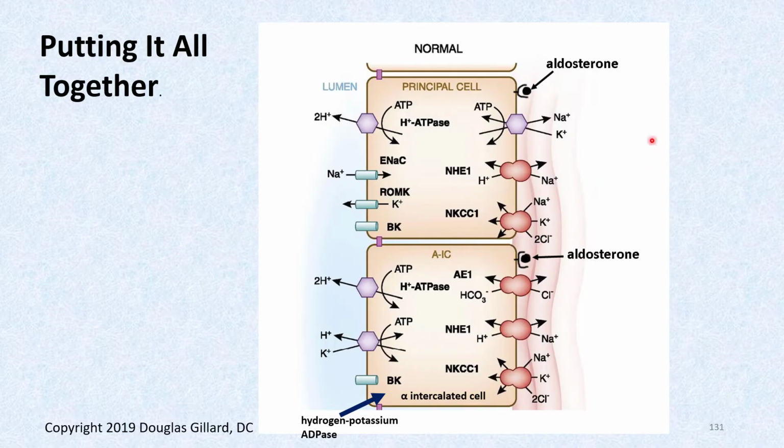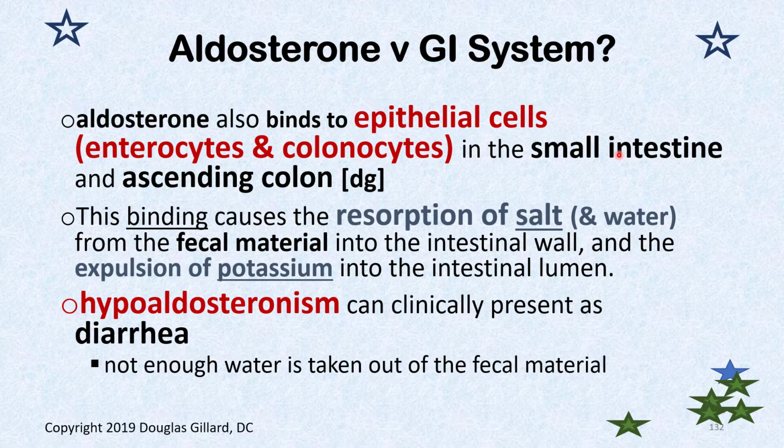And there's just kind of a busy, nice picture that kind of shows everything going on here. Sodium potassium pump here. Pretty much explained all that. Now, aldosterone, in addition to the kidney, it does have some other effects on the body. And we're not going to go crazy, but if you think of the intestine, here's a piece of intestine.